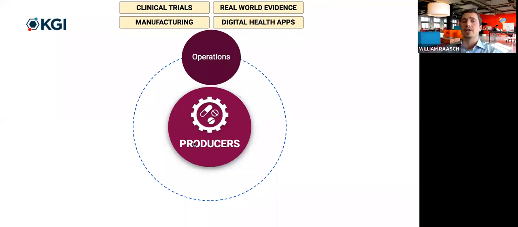Within operations, we have clinical trials, which is how we logistically get the patients enrolled into these trials that are designed to test the safety and efficacy of the products that they hope to roll out once they get FDA approval. Manufacturing. Once they're there, they have to manufacture at scale.